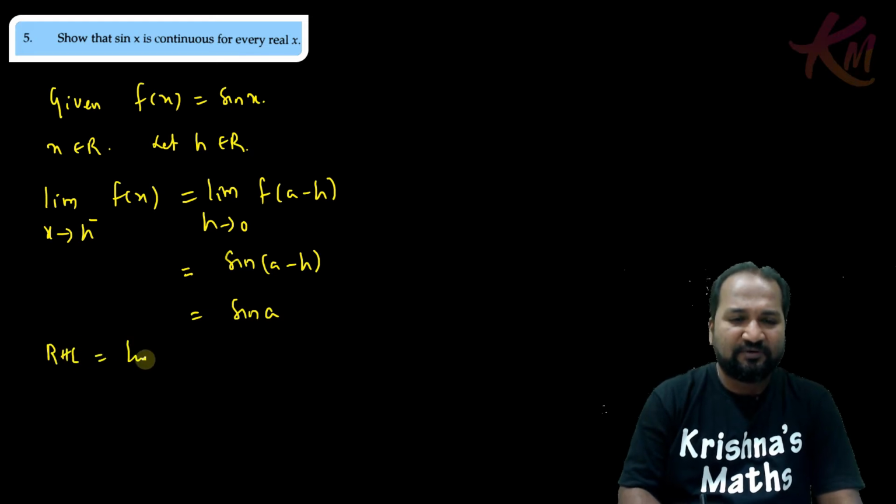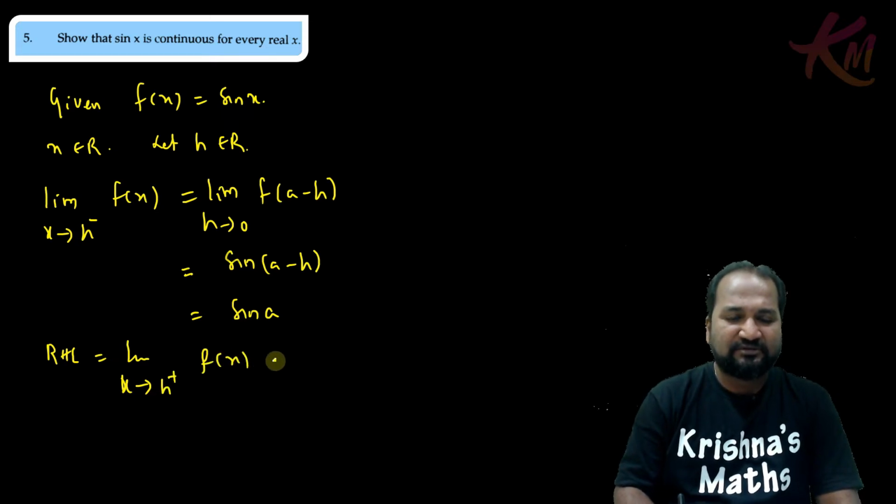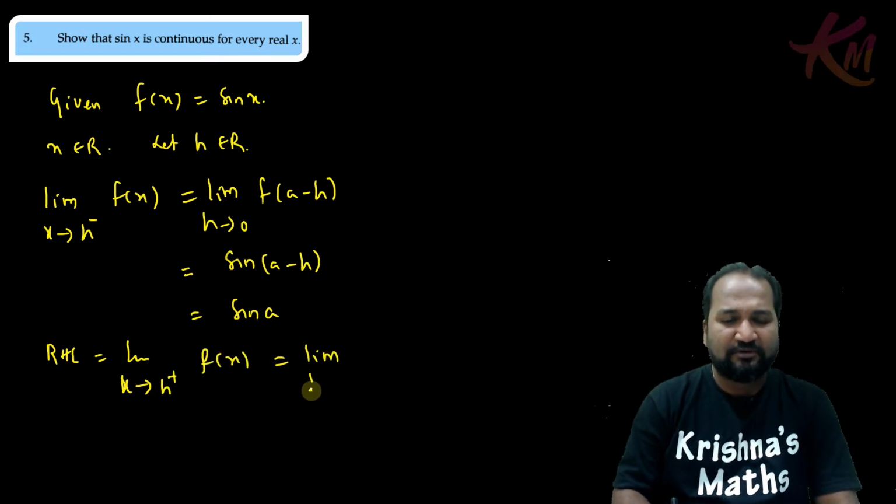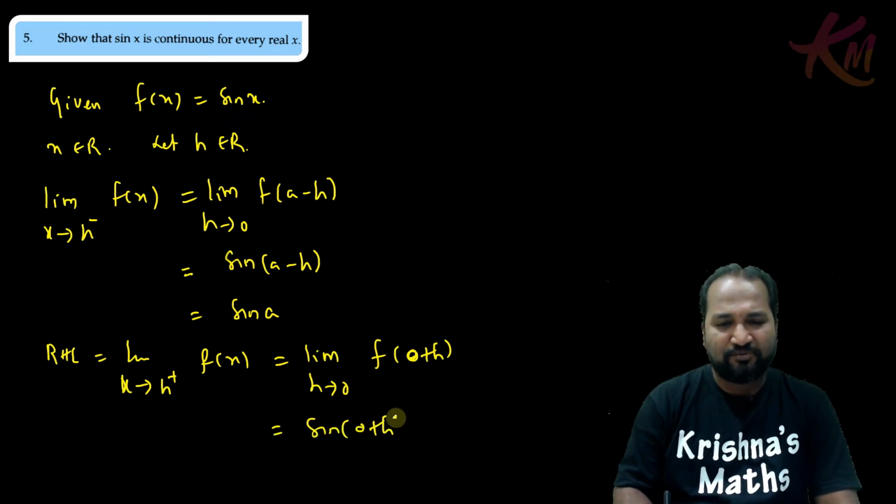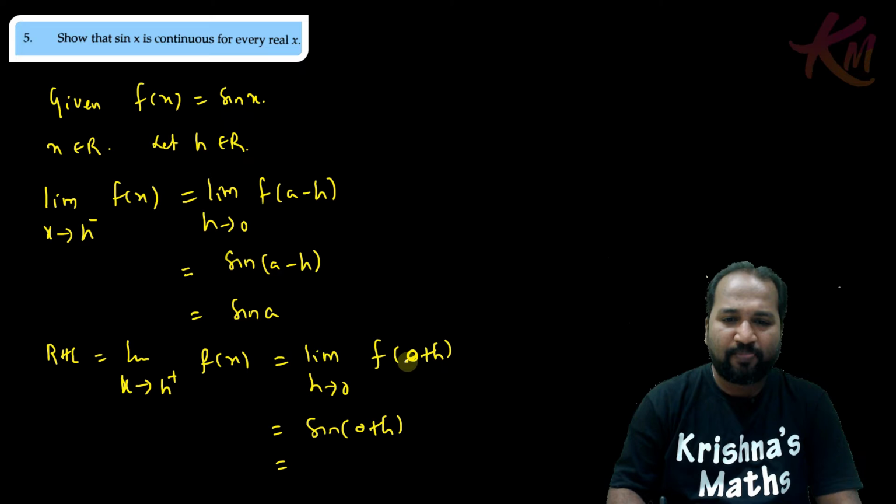Right hand limit: limit x tends to h plus f of x is equal to limit h tends to 0 of f of a plus h, which is sin of a plus h, which is equal to sin a.